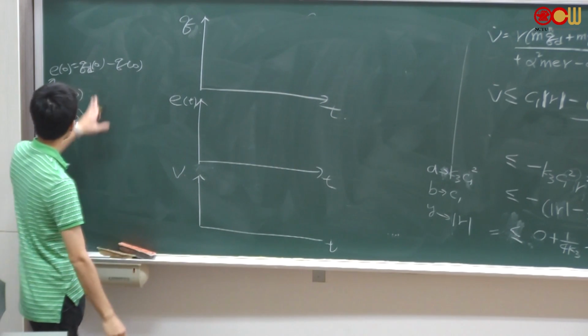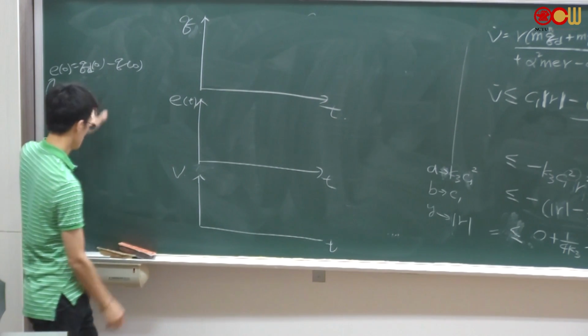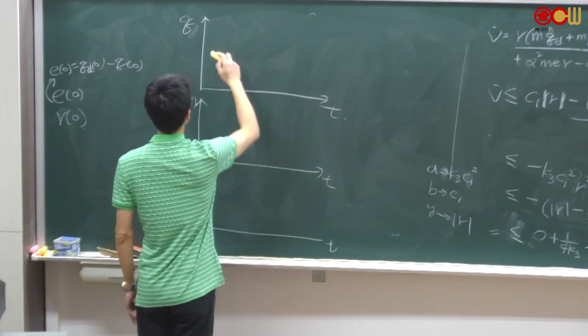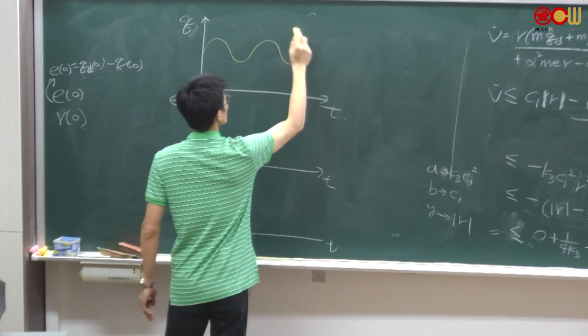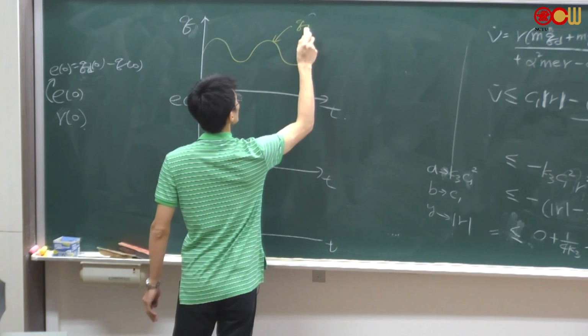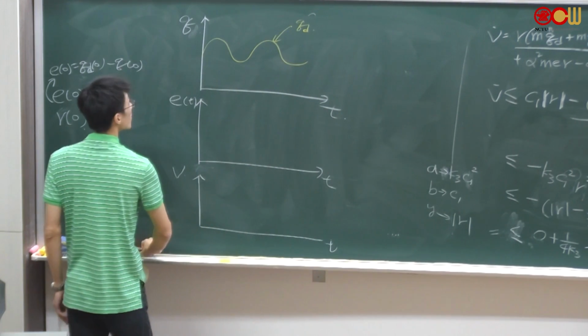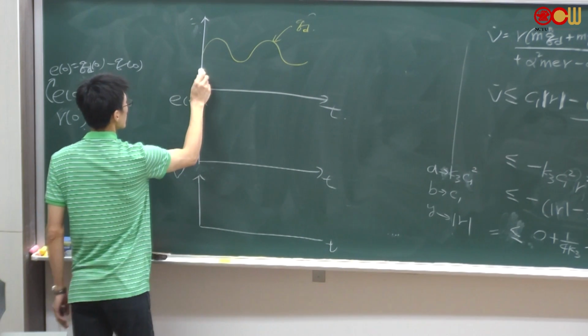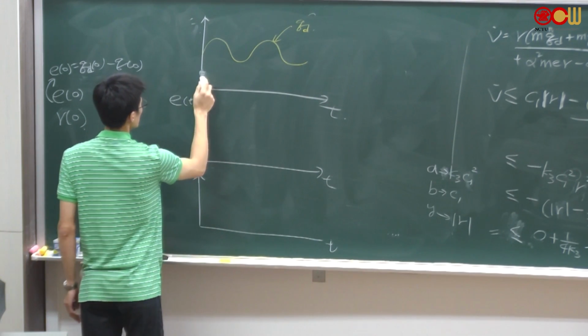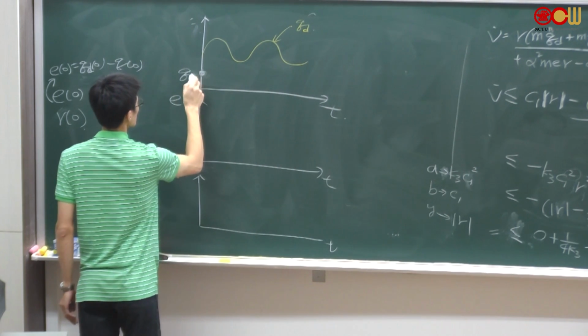Initially, you design some trajectories, like sine function trajectories. Okay, it's QD. And initially your Q is here. Your Q0 is here.